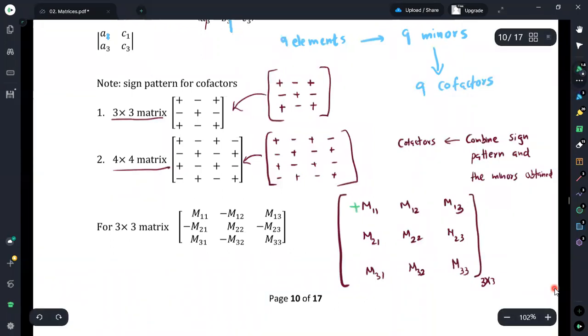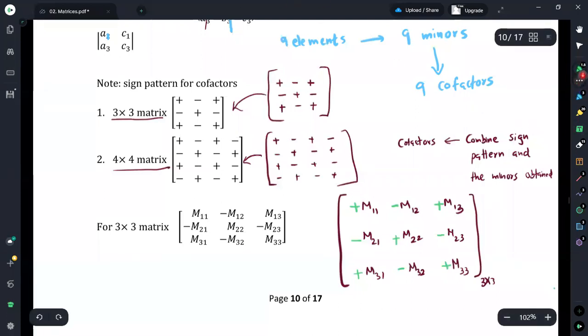Therefore, this would be plus, minus, plus, minus, plus, and so on. This is how we are combining the sign pattern with the minors obtained, and this is said to be the matrix which includes the cofactors.